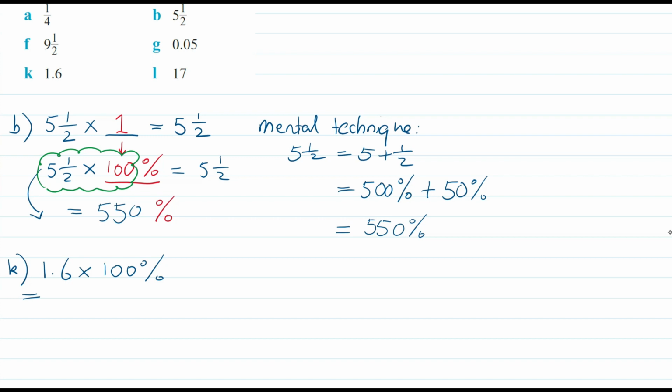And leaving the percentage symbol on the side, we're going to calculate 1.6 times 100. Now, if you don't want to use a calculator, we can always move the decimal point to the right 2 places when we are multiplying by 100, and that is going to give us 160.